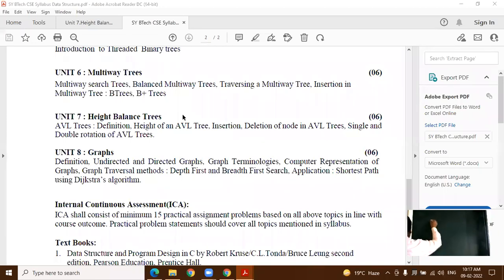Next one is the example for B plus tree. Directly I will use the example: insert 1, 3, 5, 7, 9, 2, 4, 6, 8, 10.